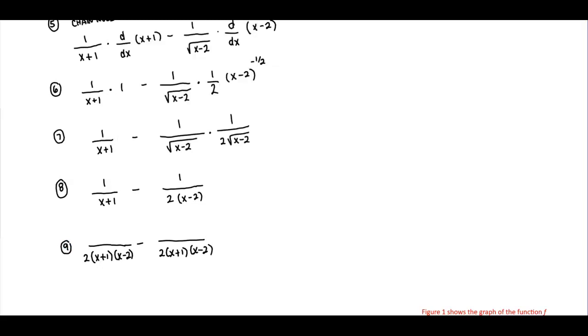In the first denominator, what's missing from (x + 1)? We have to multiply it by 2 times (x - 2), so we multiply the numerator by 2 times (x - 2). Over here, we need to multiply this denominator by (x + 1), so we multiply the numerator by (x + 1). So 1 times (x + 1) is (x + 1).